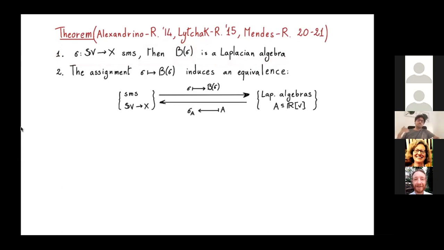The second and important property is the following: assigning to every manifold submetry the corresponding algebra induces a categorical equivalence.